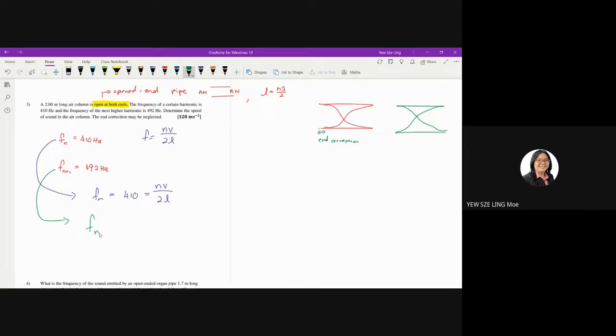The second equation comes from Fn plus 1. If Fn plus 1 equals 492, then the general equation is n plus 1 times v divided by 2L. I didn't put any subscript on v and L because these two equations share the same v and the same L. Now I'm going to link these two equations together.